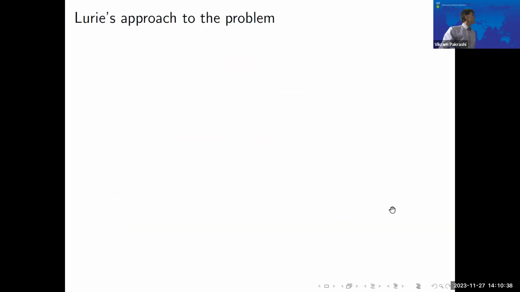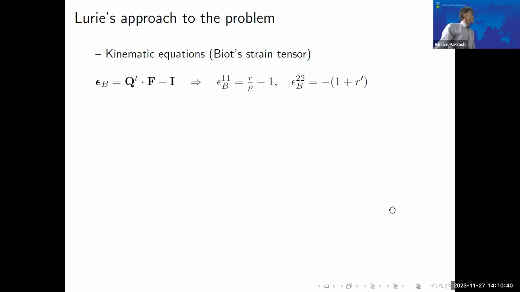So just to set the scene, let me show what Lurie did. He considered the setting in which the strain measures to be put into constitutive relationships with the stresses are the so-called Biot strain measures.